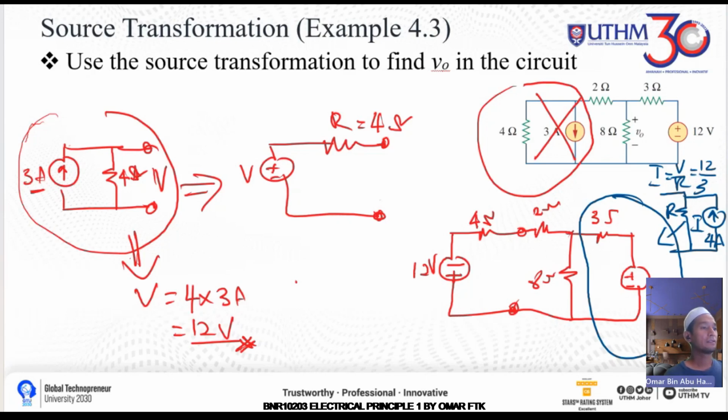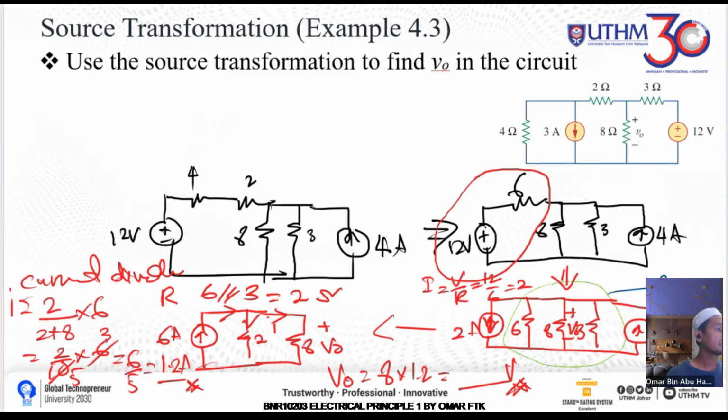So when we do another transformation, this one also I need to change to minus plus. Then when we do the current transformation, this one will be reversed as well. It will be to the bottom.